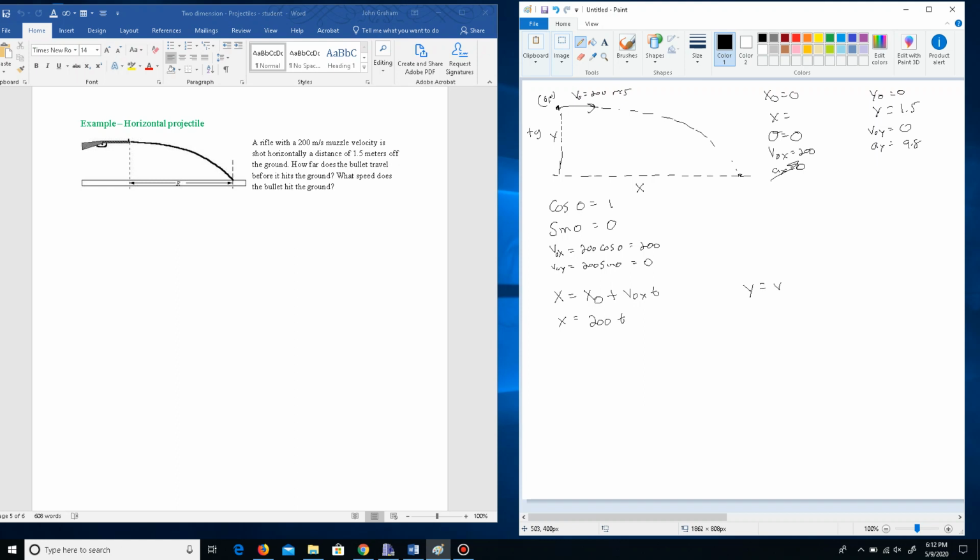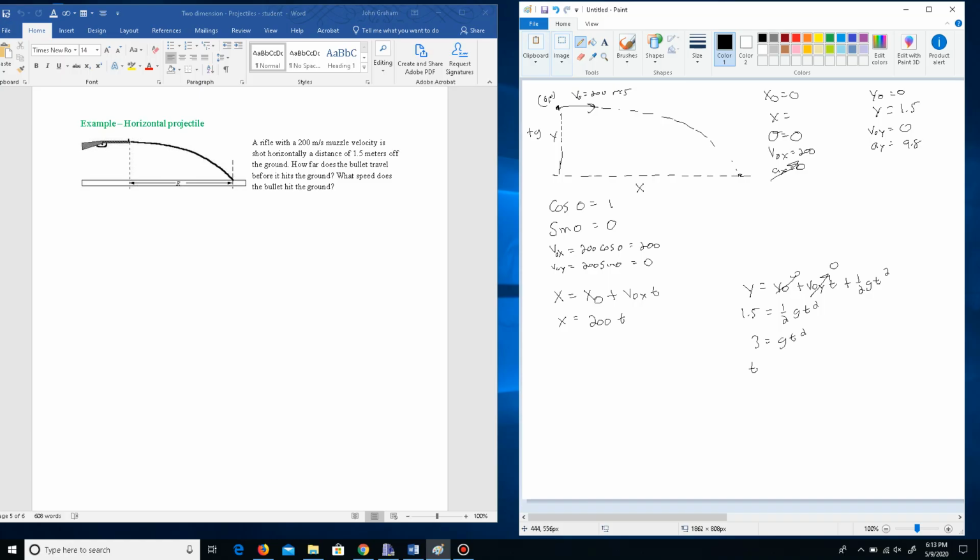Y equals y sub 0 plus v sub 0 y times time plus 1/2 gt squared. Y is 1.5, y sub 0 is 0, v sub 0y is 0, so it's 1/2 gt squared. The only thing we don't know here is t, so we can get t here. So 3 equals gt squared.